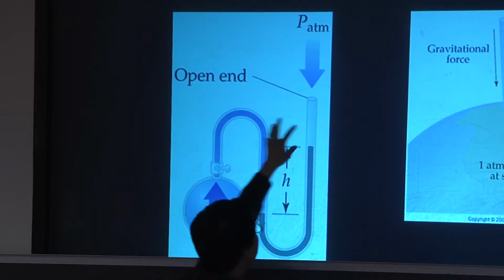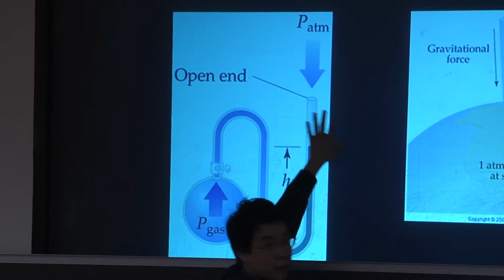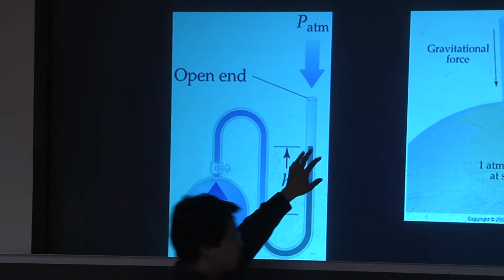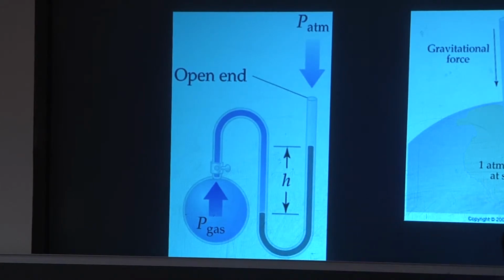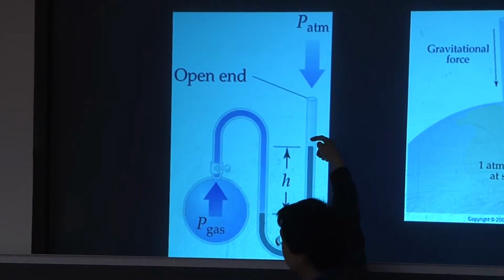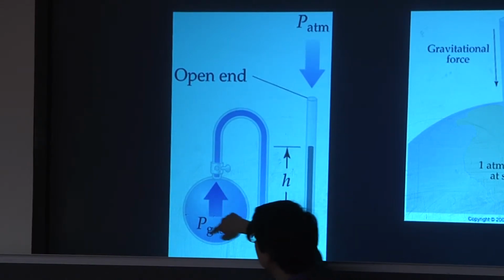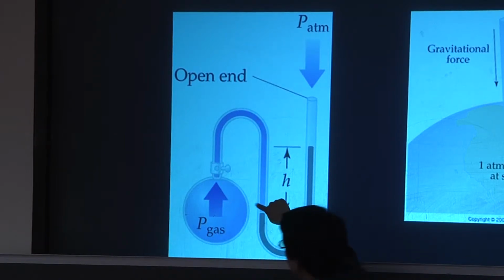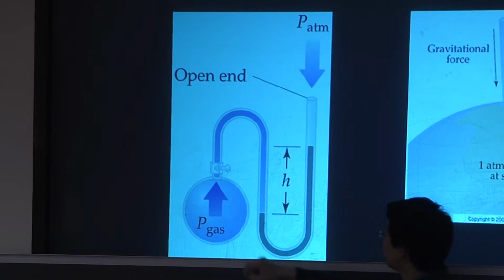And here we're showing that the U-tube has an open end, and if it's open, that means it's open to the atmosphere. And so whatever the atmospheric pressure is, typically 760 millimeters of mercury, or 1 atmosphere, is going to be pushing down. And the gas on this end of the tube, once the valve is open, is going to push down on this end of the tube.